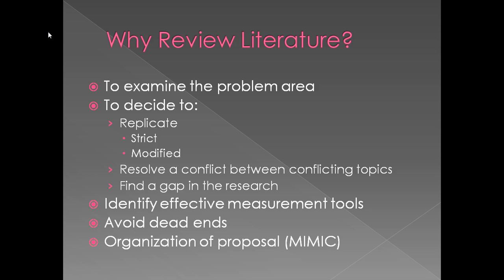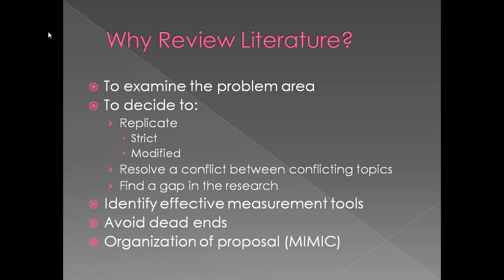You can also review the literature to find a gap in the research, meaning an area that hasn't been studied yet. So a novel area. You should be able to find the gaps in the discussion section of other journals or other sources, other studies, because in the discussion section is where you will find the limitations and future trends.